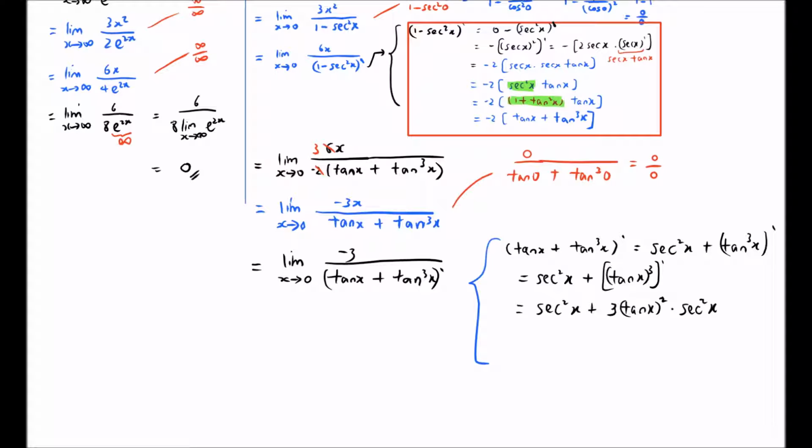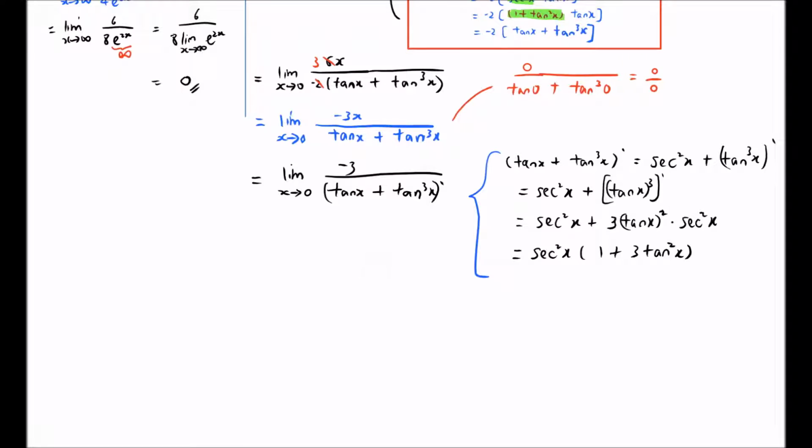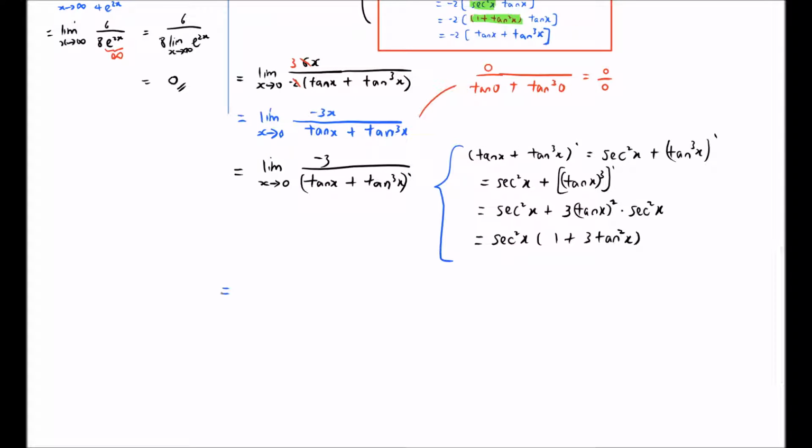Okay, so we can actually take out the common factor, secant square x, and 1 plus 3 tangent square x. So now we can continue. So it will be equals limit x approaches 0, minus 3 over secant square x, 1 plus 3 tangent square x.